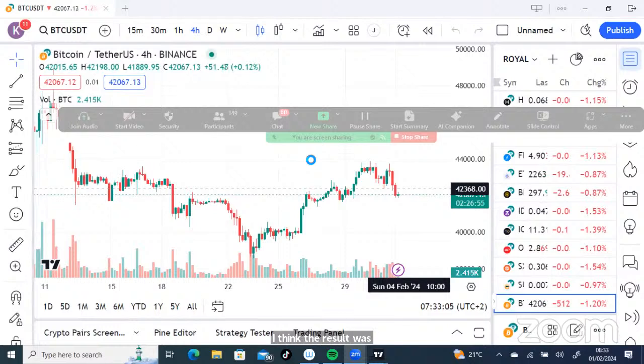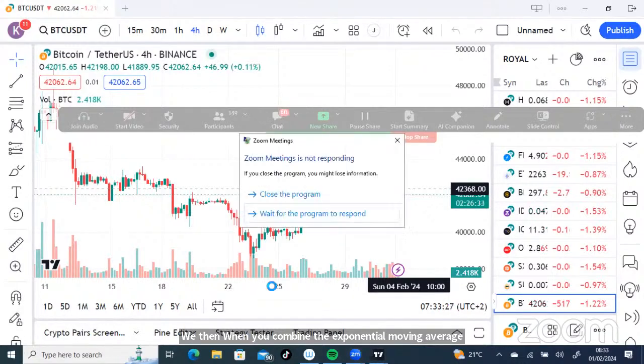But what I was trying to say, when you combine the exponential moving average, as I wait for this thing, it's taking a lot of time.